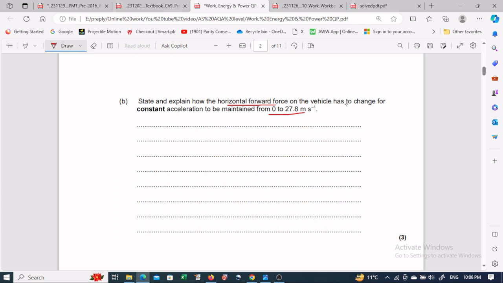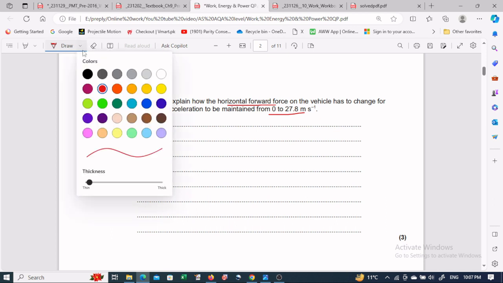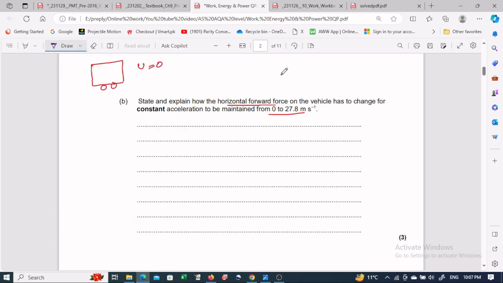First of all, I redraw the diagram and then explain. For example, here is the vehicle. Its initial velocity is 0. The vehicle is not moving at all. After some time, we increase the forward force on the wheels. Here is the wheel, and the forward force on the wheel is increasing with respect to time.